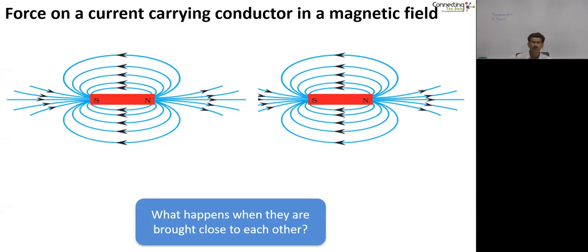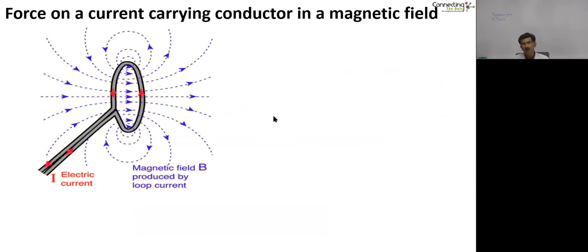And this is something that we have all seen, even in childhood. Playing with magnets, you've seen that you bring two magnets close to each other, there is a force of either attraction or repulsion. This is something every one of us has experienced. But what would happen if we brought an electromagnet?